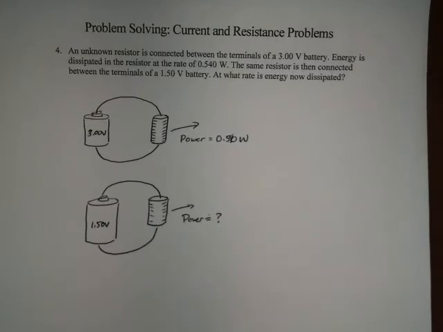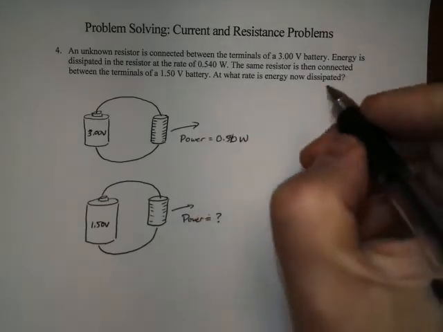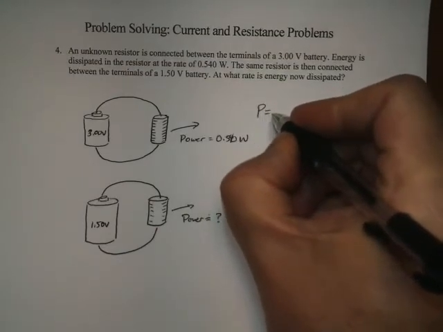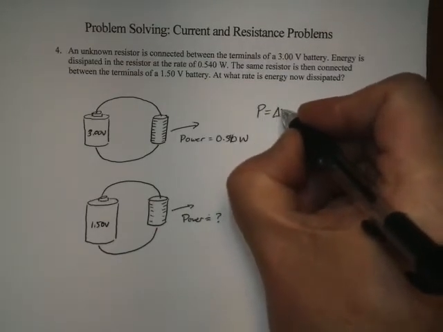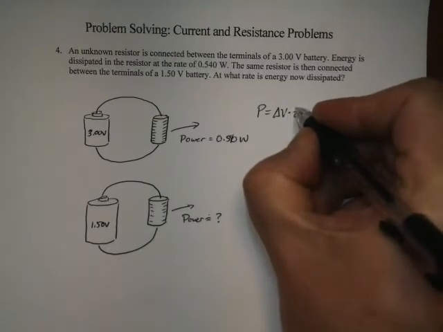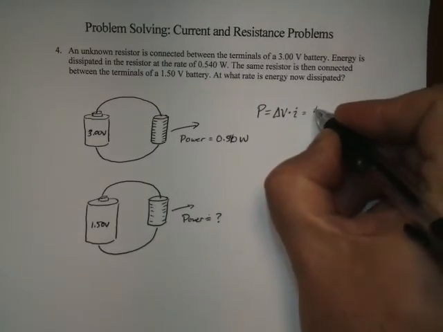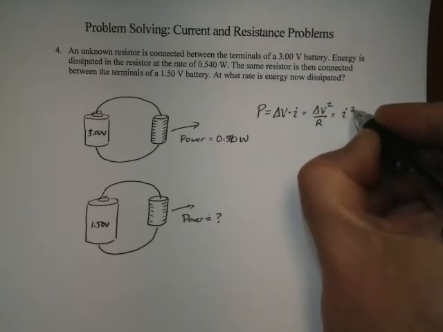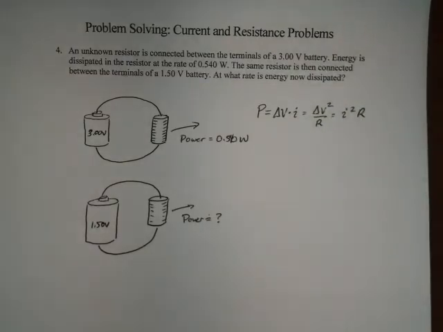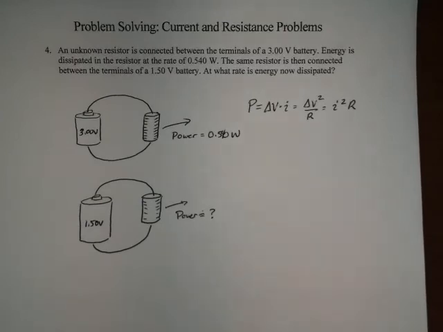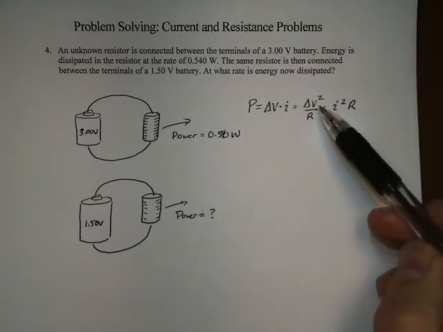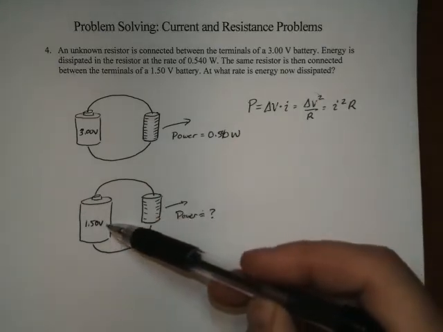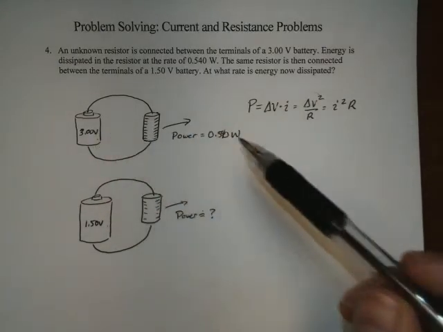Well, there's a number of ways you can take this on, but all involve the electrical definitions of power. So power is, again, either potential difference times the current, or potential difference squared divided by the resistance, or current squared times the resistance, and any of those will work. The most direct one to answer this question is the middle one, because we now have connected to a potential difference that is half the previous potential difference.